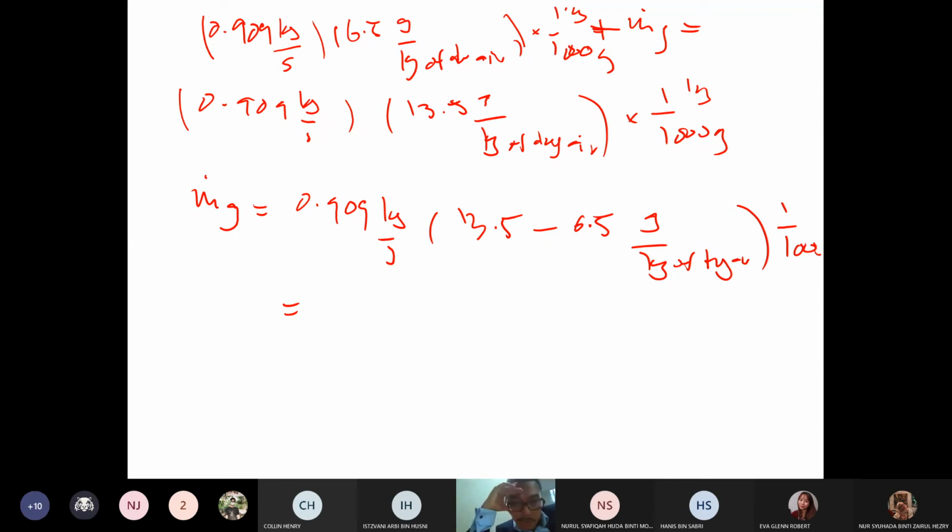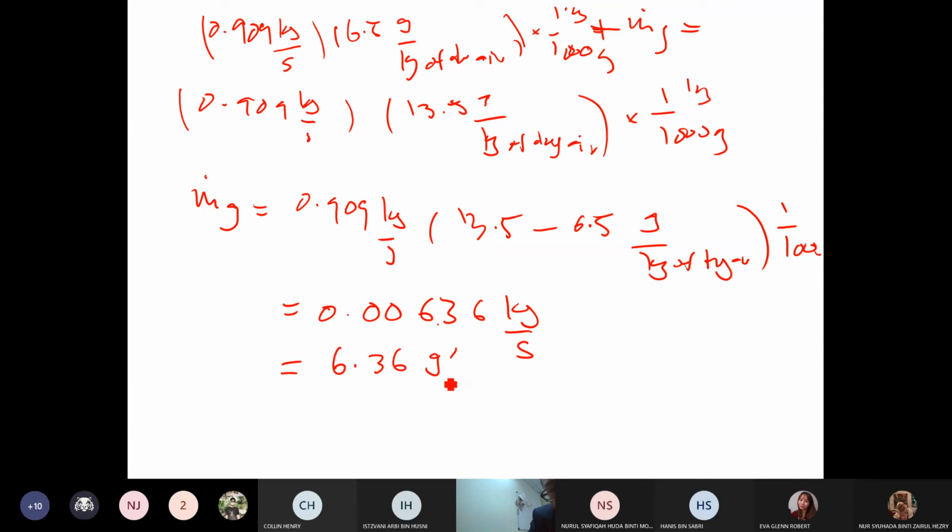Something like that. So we get 0.00636 kilogram per second. This is of steam. So if you take, this is equal to 6.36 gram per second. So this is the mass flow rate of the injected steam.